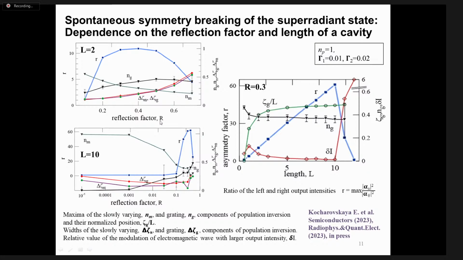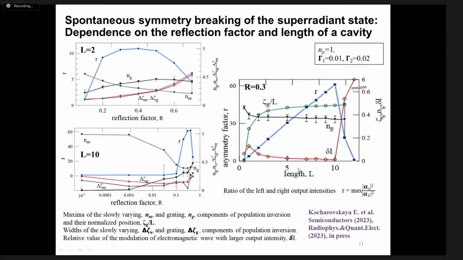But of course, when the reflection factor becomes high enough, so that the photon lifetimes become of the order of the polarization lifetime, then this high-wavenumber population inversion gradient disappears, becomes too weak to support this regime, and we will observe symmetric lasing in quite high-Q cavities.